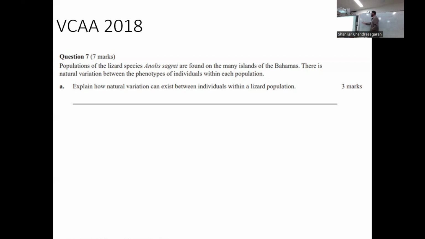So if you're thinking about what is causing that variation to exist, you can always go back to the source. What allows the phenotype to occur? The genotype. Remember that phenotypes are the physical expression of a gene makeup.